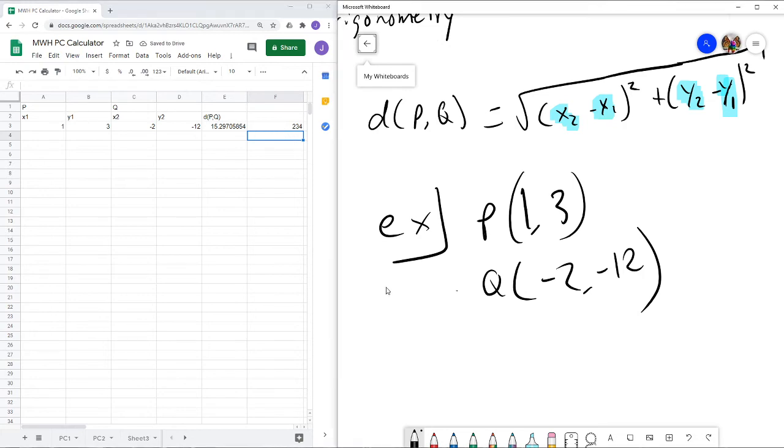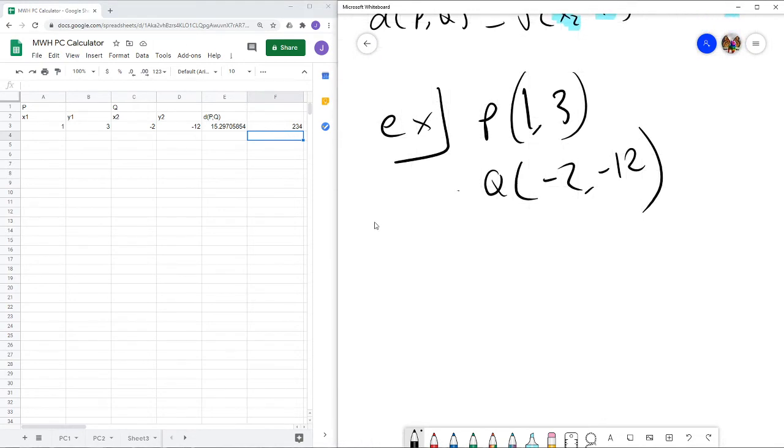In this case, it was 234. So you can think of it as root 234, about 15.3. It's going to depend again on what your instructor wants.